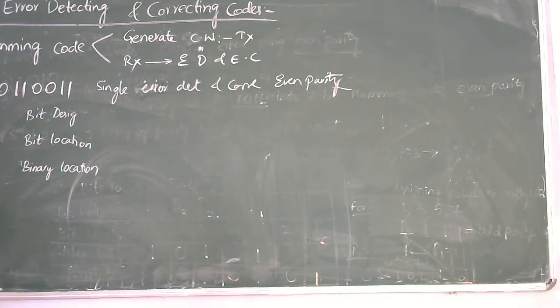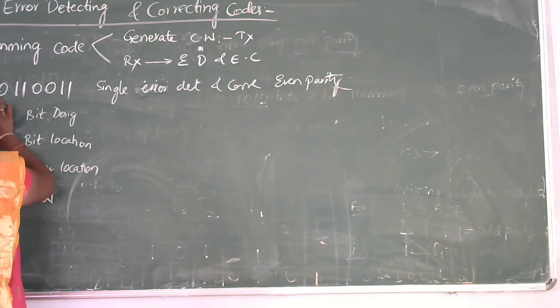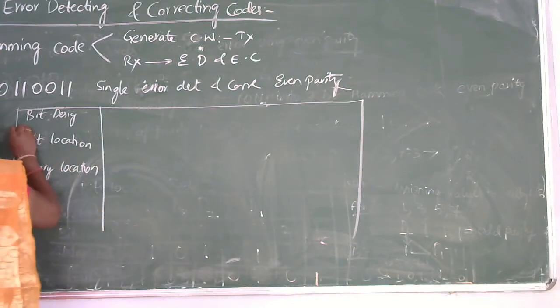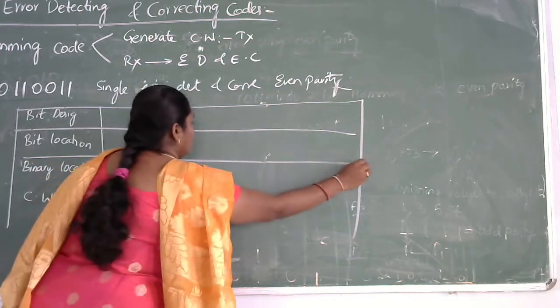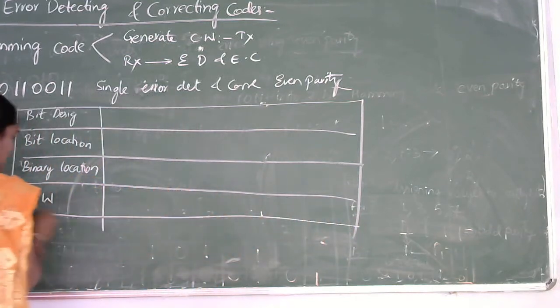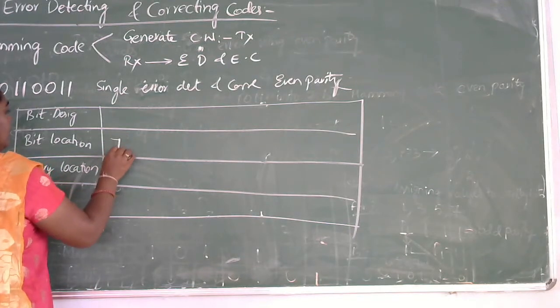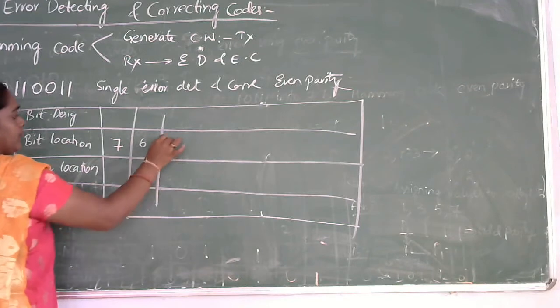The total number of bits given in the question is 7, so in bit designation I will have the complete 7 bits, and I just write which are the message bits and which are the parity bits.